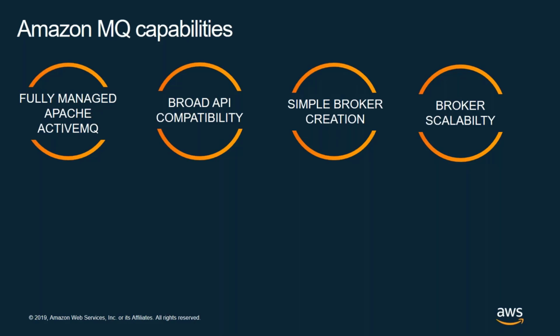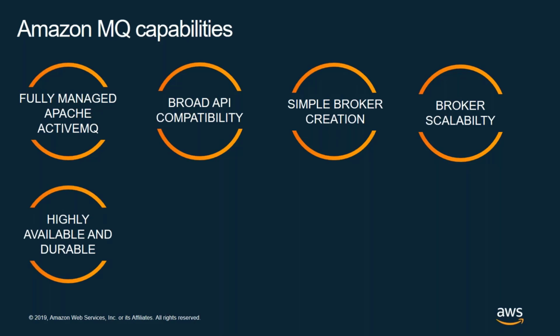You can create a broker with the T2 micro instance, do your experimentation and prototyping. And then as you scale up and go into production, you can pick brokers in the M5 series from M5 large all the way up to M5 4XL. With the release of Network of Brokers, we also support horizontal scalability, where you can now scale your requirements by adding brokers to the network.